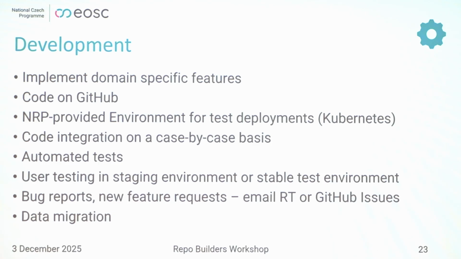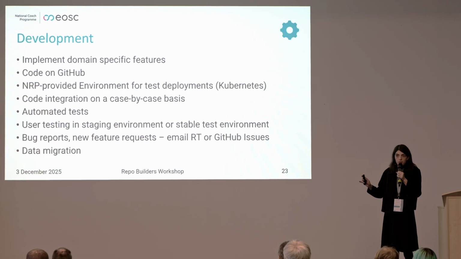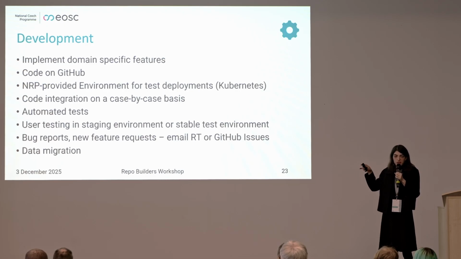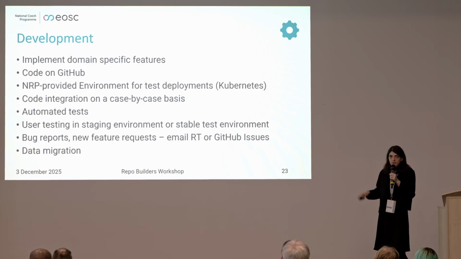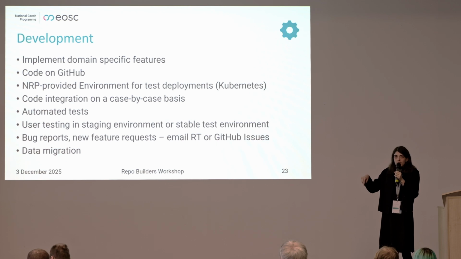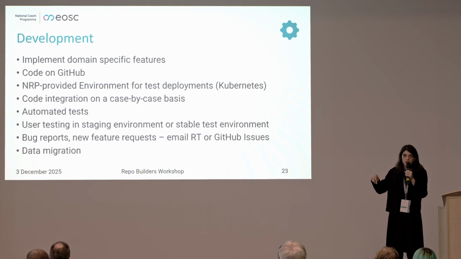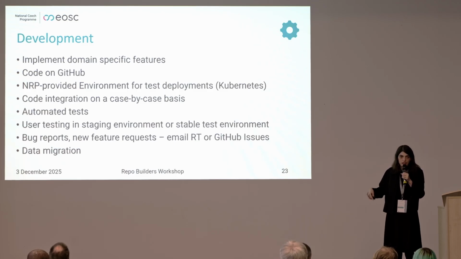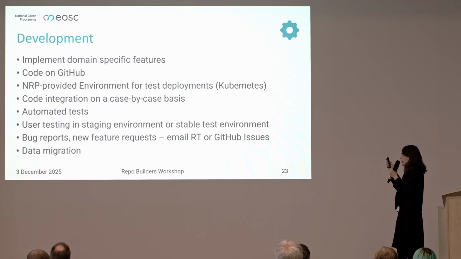And then depending on the specific repository system you choose, they might help you with the DevOps of deploying all of this, so you won't have to deal with all the technicalities necessarily, but that is what is provided. And then details of how exactly your code will be integrated into the entire repository, that will be a separate discussion with the developers on a case-by-case basis.